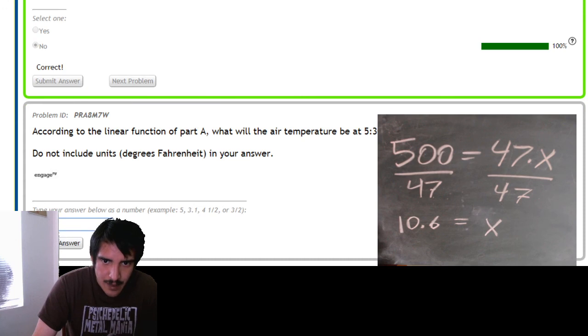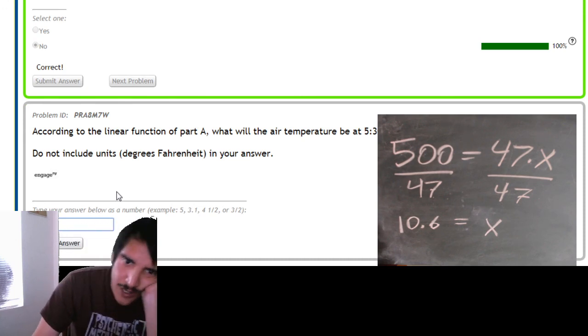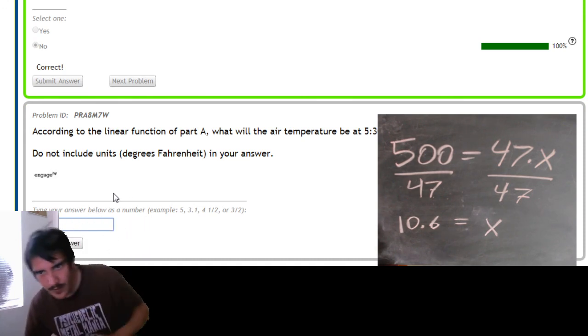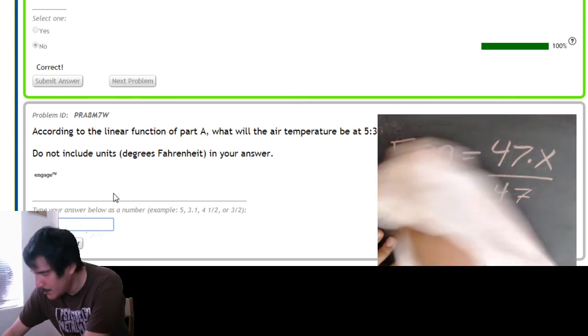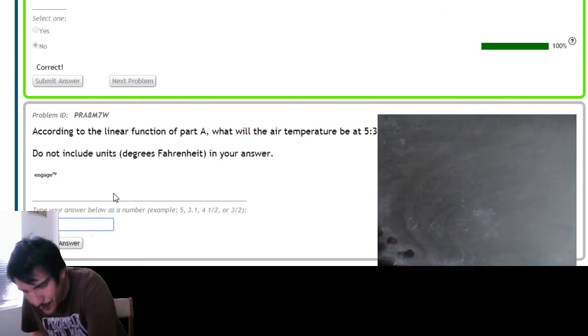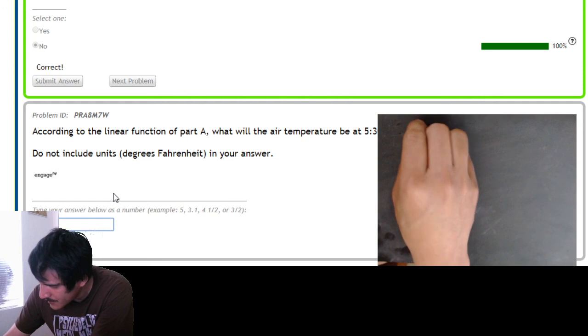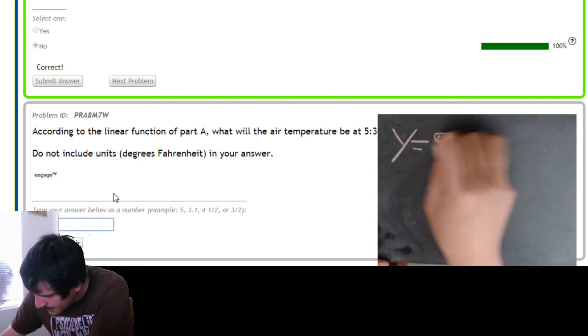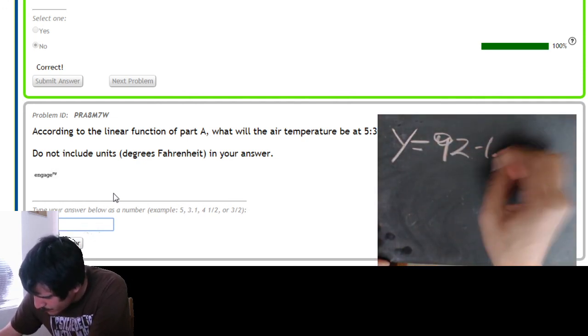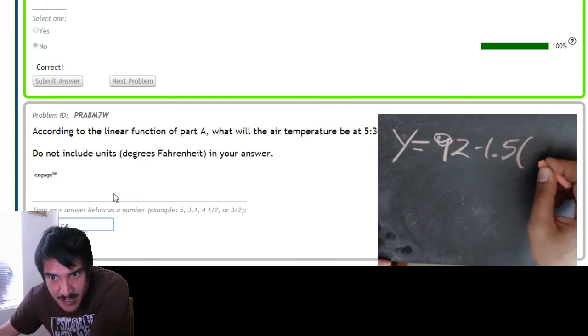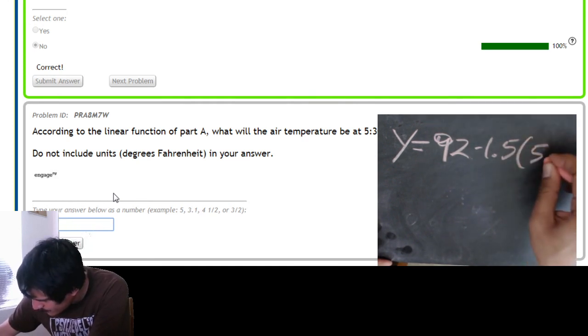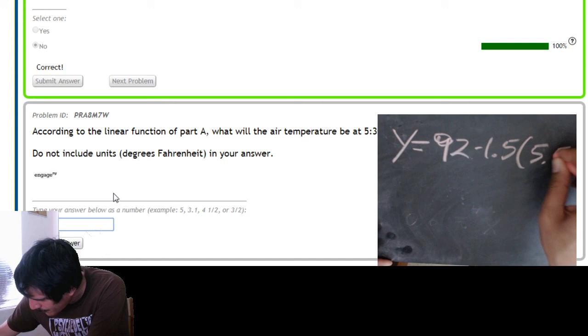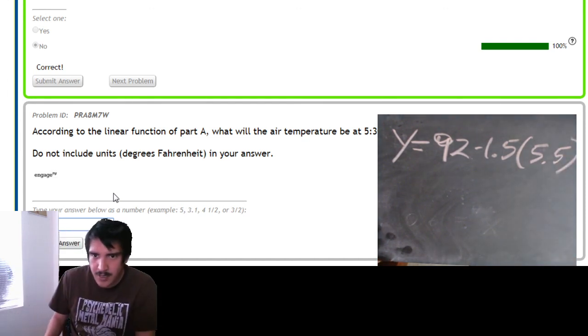Correct. According to the function of part A, what temperature will it be at 5:30 p.m.? So let's use the formula. Remember, the formula was temperature equals 92 degrees minus 1.5 times, what'd they say, 5. Well, 5:30 is 5.5 hours past noon, so I'm going to do that.